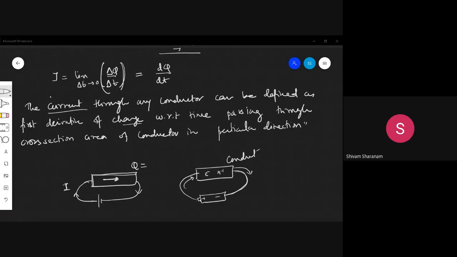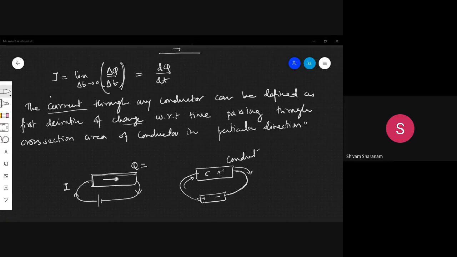Yes, you can find out how much charge is flowing in a particular time. In 5 seconds, how much charge has crossed the wire? In 10 seconds, how much charge has crossed through the wire? But every instant, the conductor will be electrically neutral.